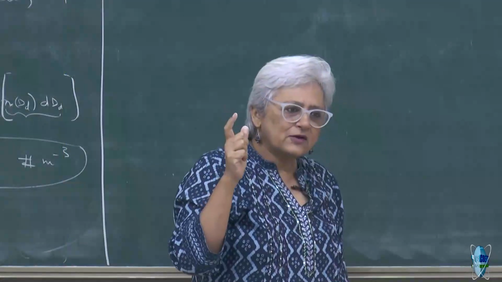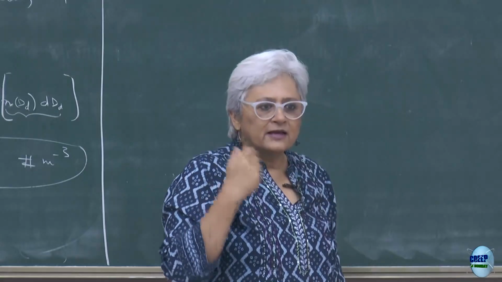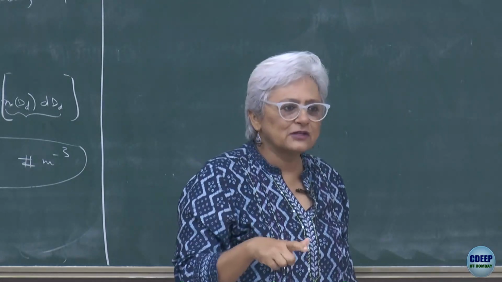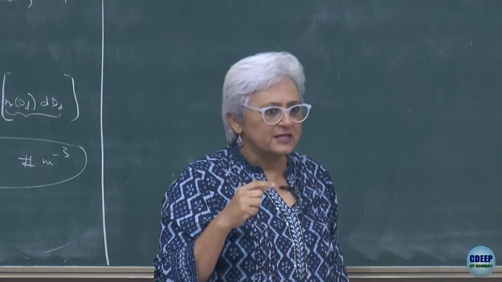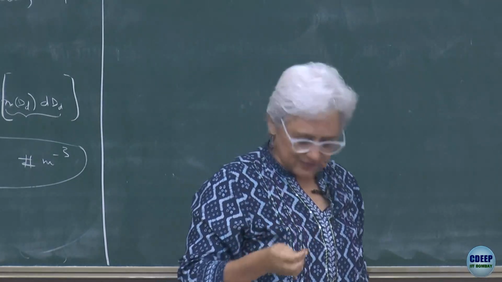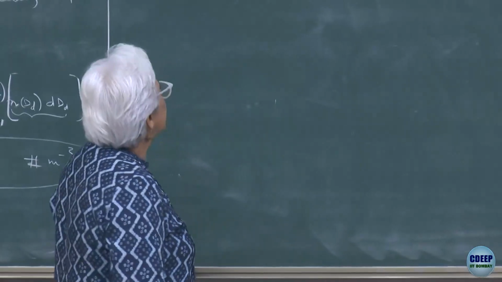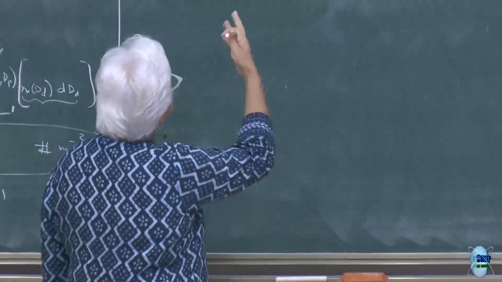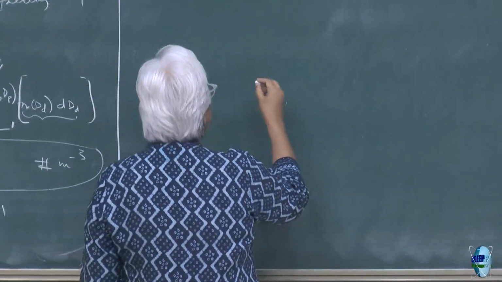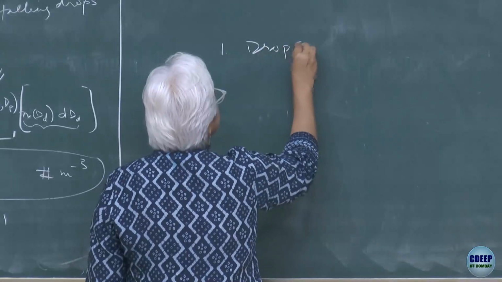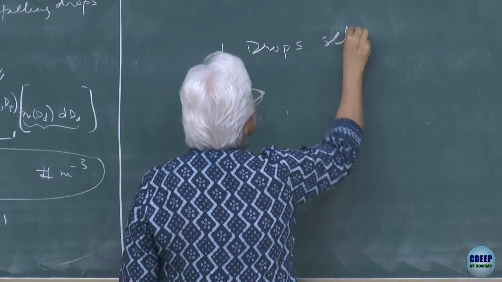So you're already talking about a 10 to the 3, and then in settling velocity you'll have a d square. So you're talking about a 10 to the 6 difference in the settling velocities between the particles and the drops. So this is an approximation that drops settle faster, much faster.